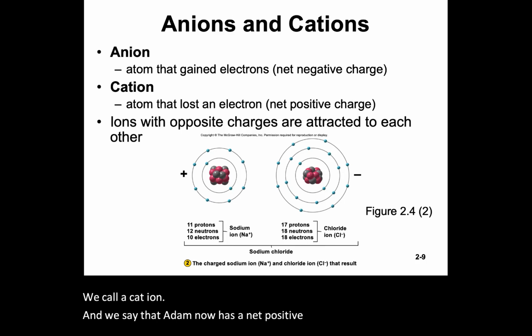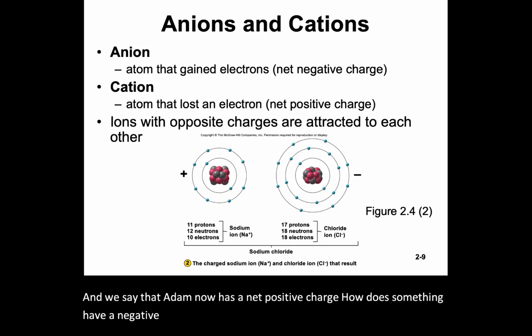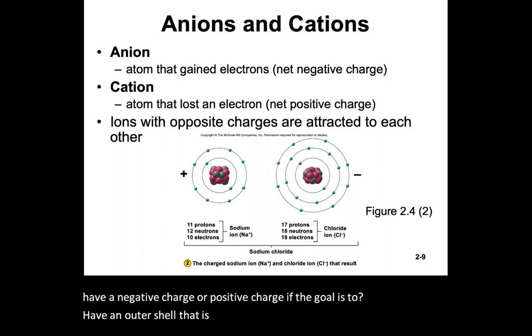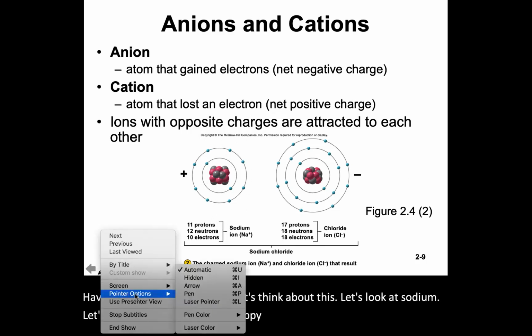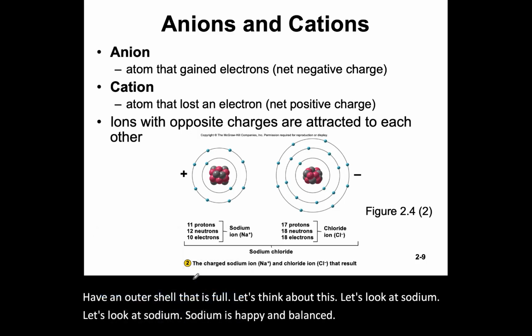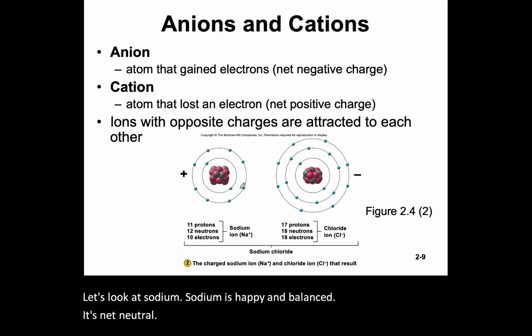How does something have a negative charge or a positive charge if the goal is to have an outer shell that is full? Well, let's think about this. Let's look at sodium. Right, sodium is happy and balanced. It's net neutral. Its charge is neutral.